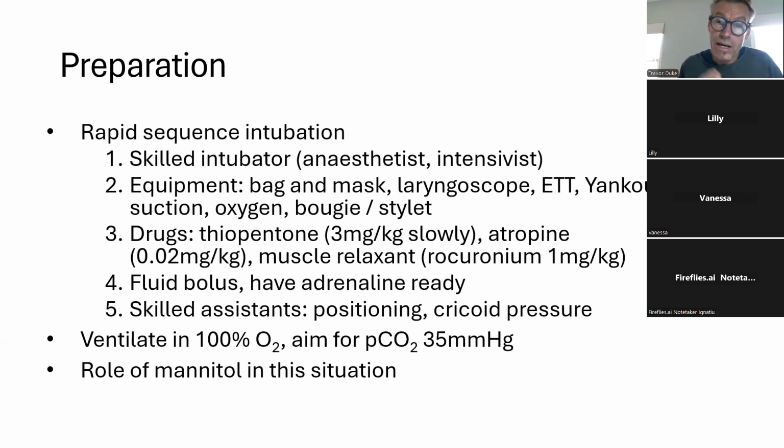And a muscle relaxant, you choose the muscle relaxant. It could be rocuronium or vecuronium or succinylcholine. Always before you intubate a child, or ideally if they're cold and a bit shut down, have a fluid bolus running and have adrenaline ready. Certainly give a fluid bolus and have it running at the time that you're anaesthetizing the patient.